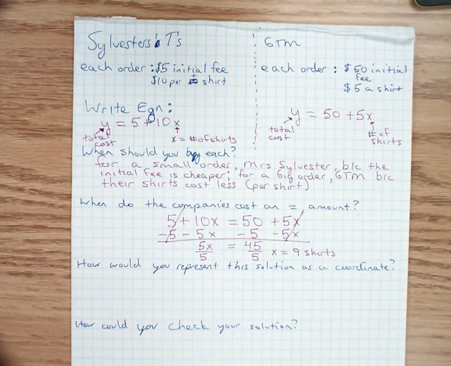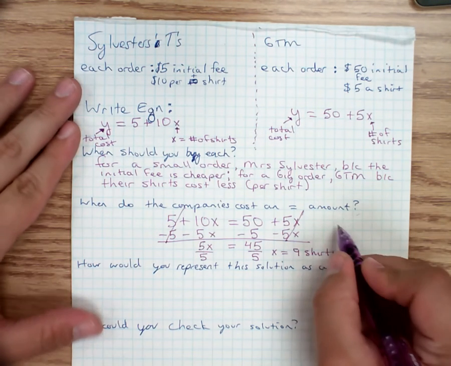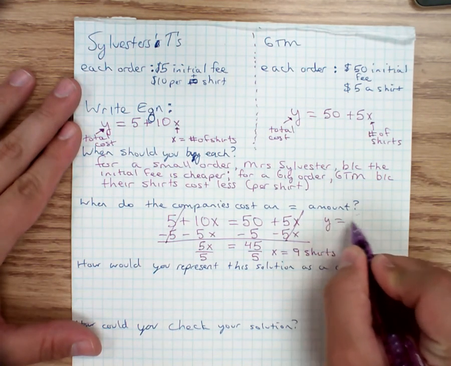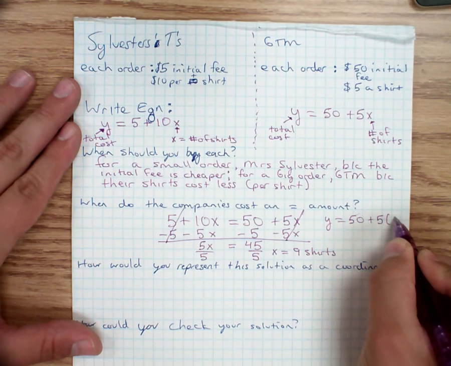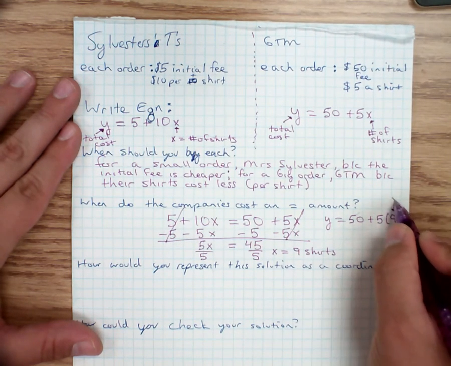Now, at 9 shirts, they cost an equal amount, but how do I figure out what the actual cost is? Put it into one of the equations. Okay, so I have y equals 50 plus 5 times 9, because I put it in for x.